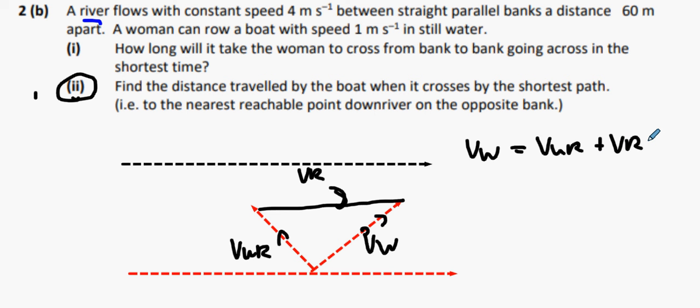Now, here's what happens next. Okay, we do velocity of the river as well. For velocity of the woman, 1. Would everybody agree? I want the angle x to be as large as humanly possible.